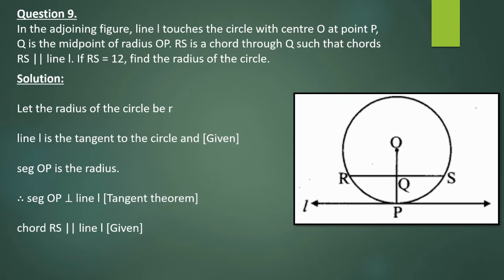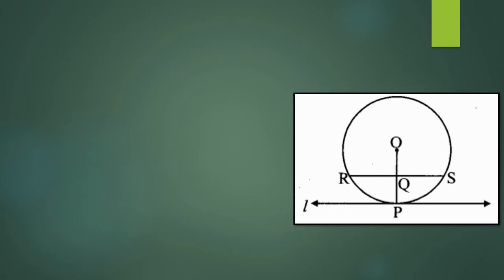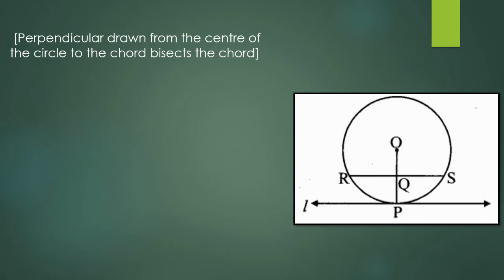Chord RS is parallel to line L. This is given to us in the question. So segment OP will be perpendicular to chord RS as well, because RS is parallel to L and OP is perpendicular to the tangent L. The reason for that is that a perpendicular drawn from the center of the circle to a chord bisects the chord.